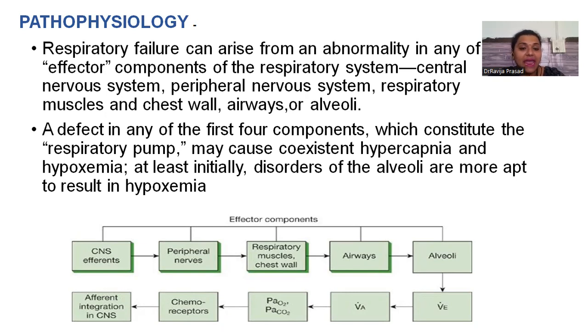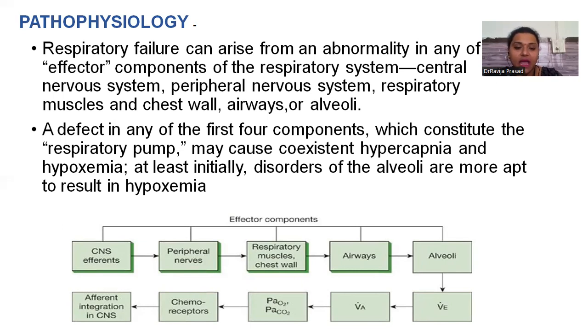A defect in any of the first four components, the central nervous system, peripheral nervous system, respiratory muscles, and chest wall, which constitute the respiratory pump, may cause coexistent hypercapnia and hypoxemia.